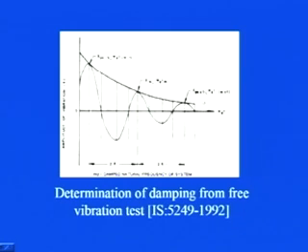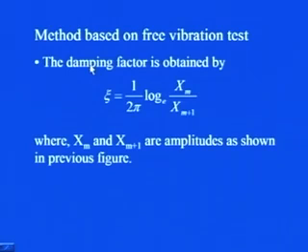If I call the amplitude corresponding to this particular peak xm plus 1, the previous one xm, and this one xm minus 1, then we can find the damping factor using the expression 1 by 2 pi log of e, xm upon xm plus 1.